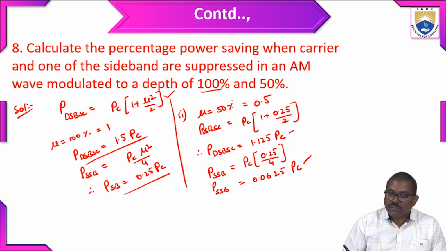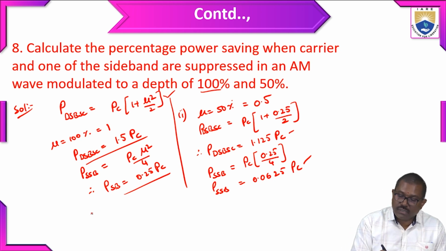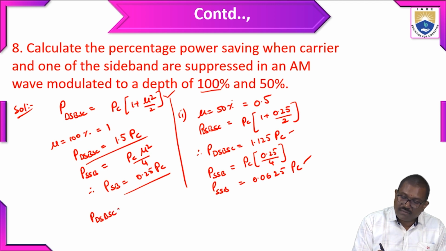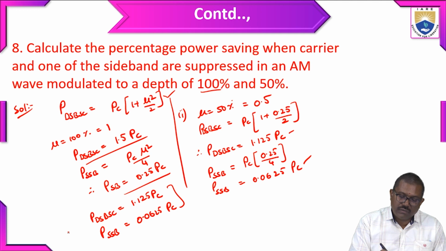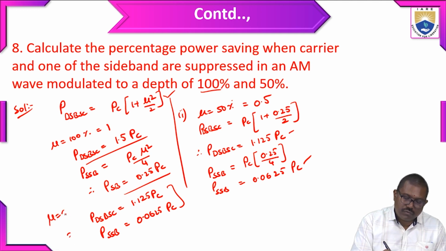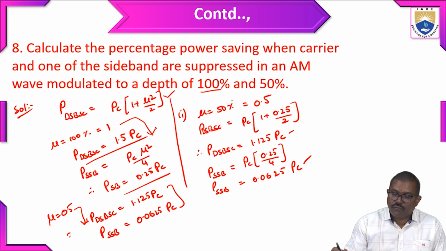Okay. So we are going to calculate taking these values. P of DSB SC is 1.125 PC and P of SSB is 0.0625 PC. Okay. So this is for mu equal to 0.5, and this is for mu equal to 1.